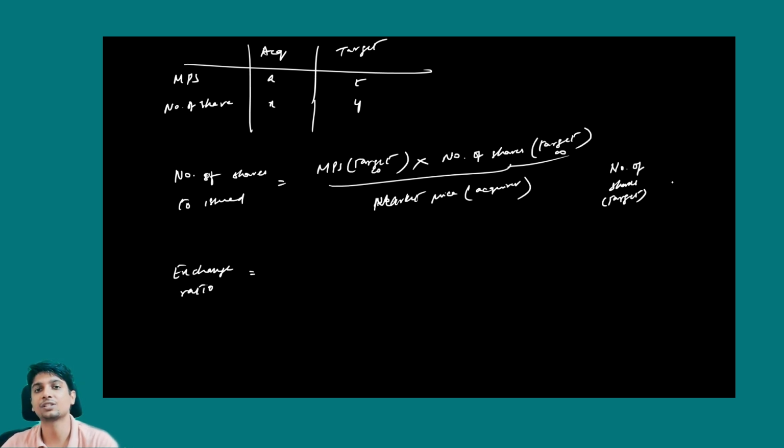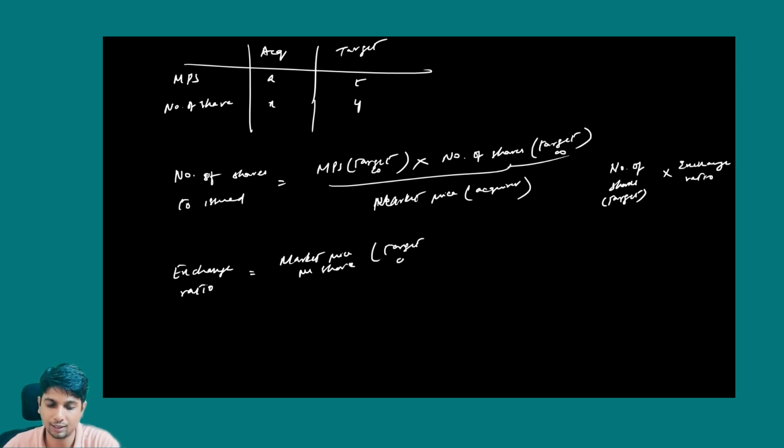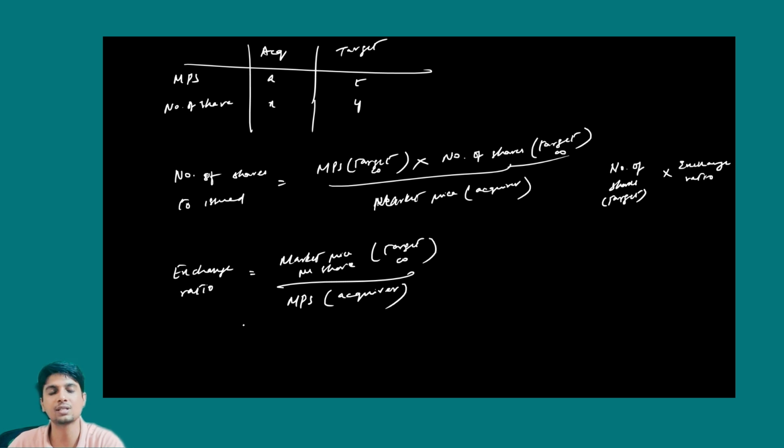So that I can multiply that exchange ratio to number of shares in order to get number of shares to be issued. So here what am I multiplying with? I am multiplying this number of shares of target with market price per share of target company divided by market price per share of acquirer, right? This is how you will find out the exchange ratio.